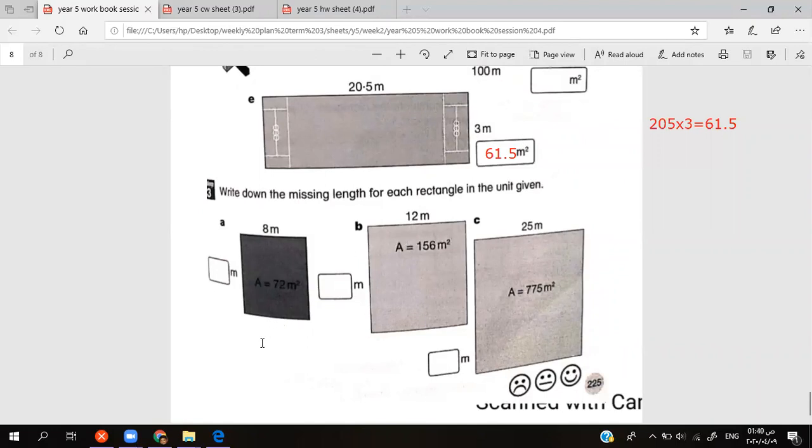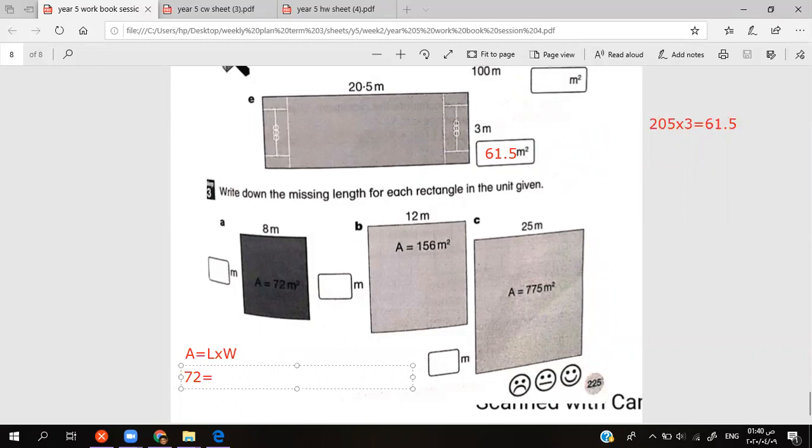Here it's very, very important. Here he gave me the area and he gave me one side and he wants the other side of the rectangle. Okay, and I know that the area equals what? Equals length times width, right? Now the area is what? 72. So I remove the A and I put a 72.